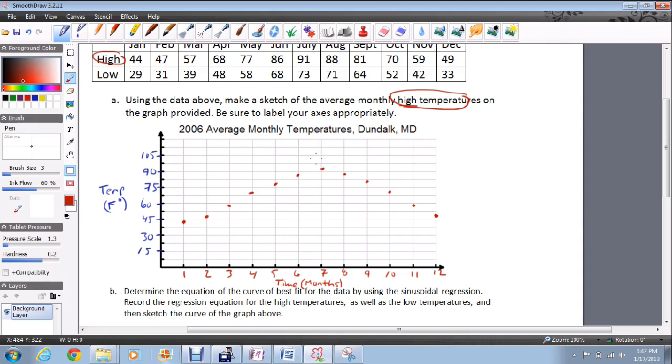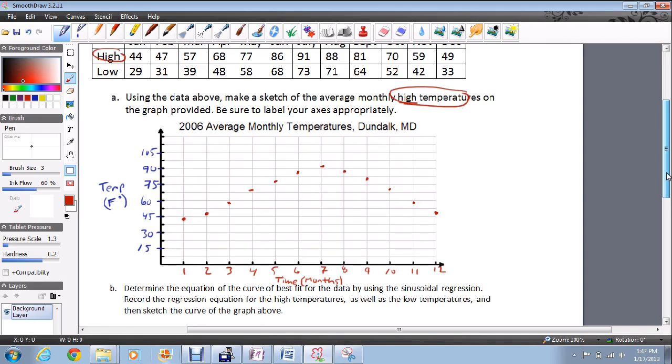Okay, there we go. So a little tedious, but we've got it.